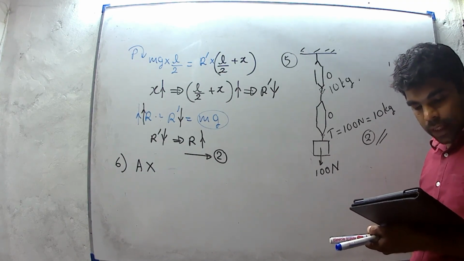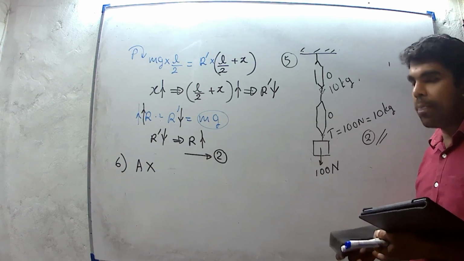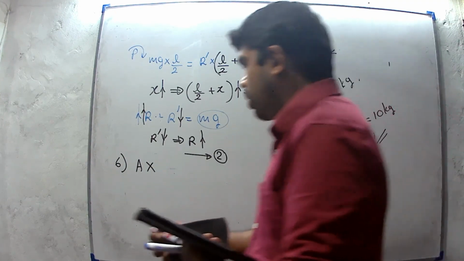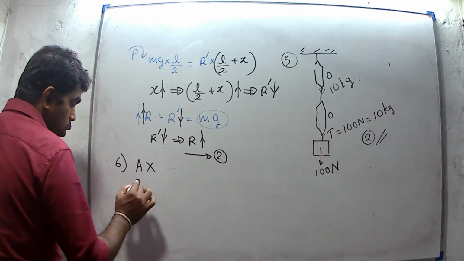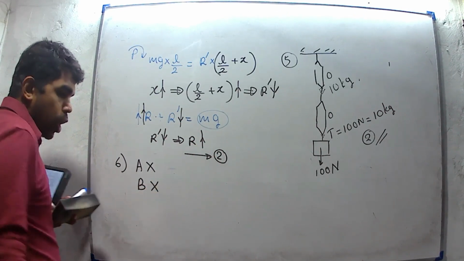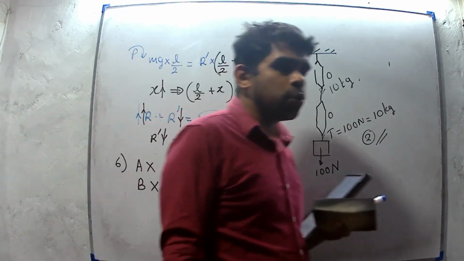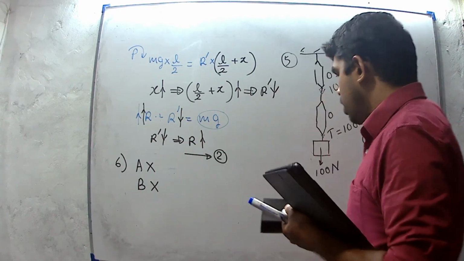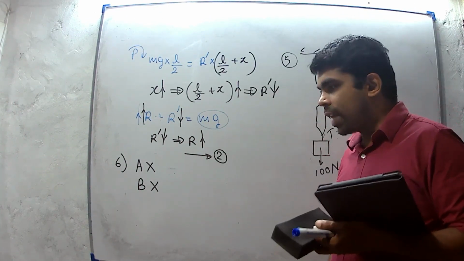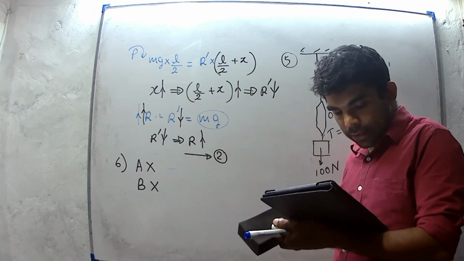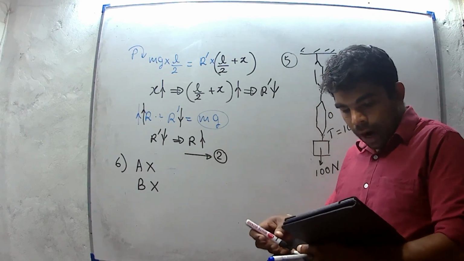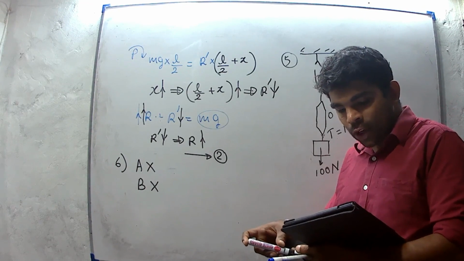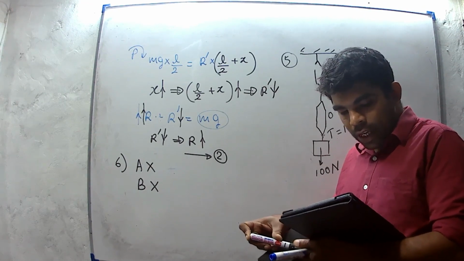B. The body must be in equilibrium. No. Because for equilibrium, the torque around any point should be 0 and the resultant force also should be 0. Therefore, statement B is also incorrect. Then part C, the resultant force acting on the body must be 0.